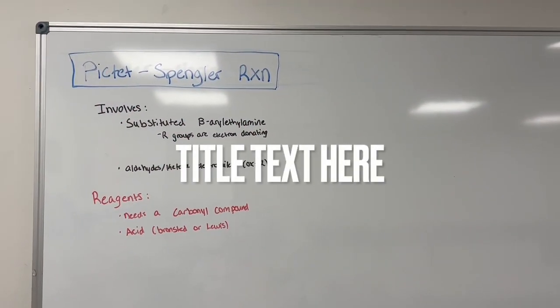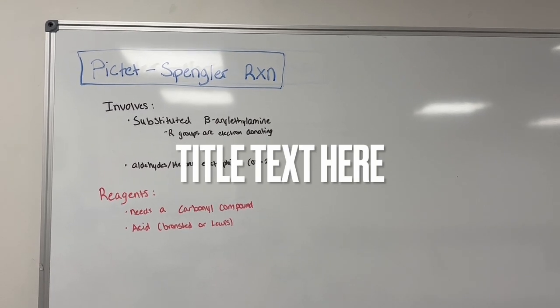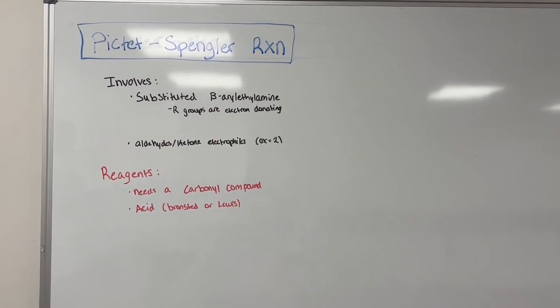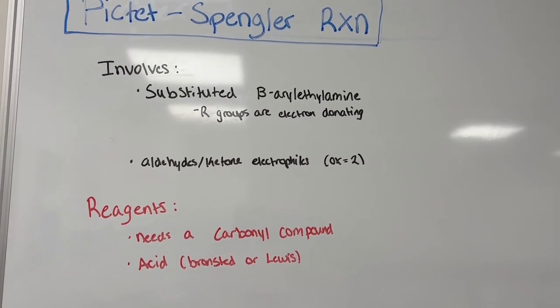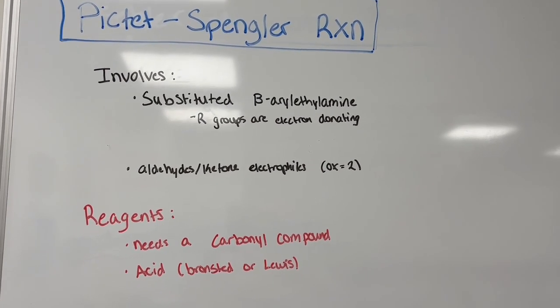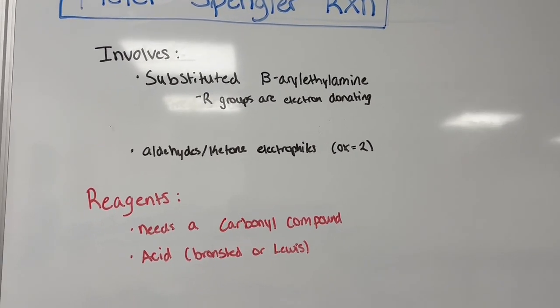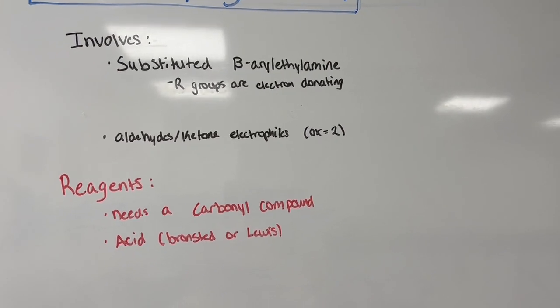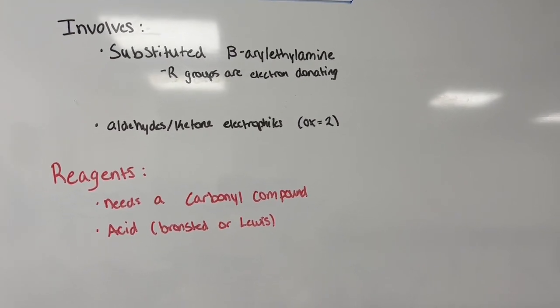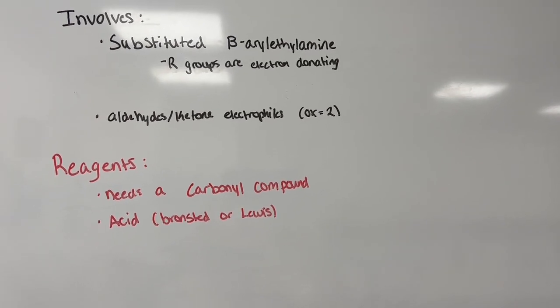The second reaction that I'm going to cover today is the Pictet-Spengler reaction. This reaction is similar to the Bischler-Napieralski reaction, except it involves a substituted beta ethylamine, and all the R groups need to be electron donating into the system.